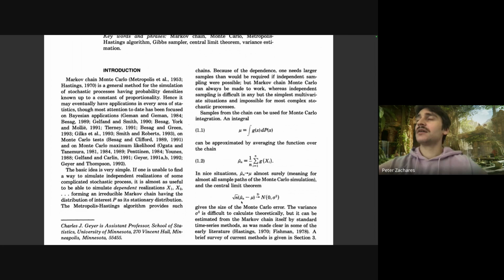It's saying the difference between the actual mean of the distribution that you're estimating and the sample mean, the one you've calculated, multiplied by the square root of n, which is the number of samples you've taken, converges to a normal distribution with a variance equal to the variance of the underlying distribution you're sampling from. So there's a couple of things that I wanted to point out about this equation.